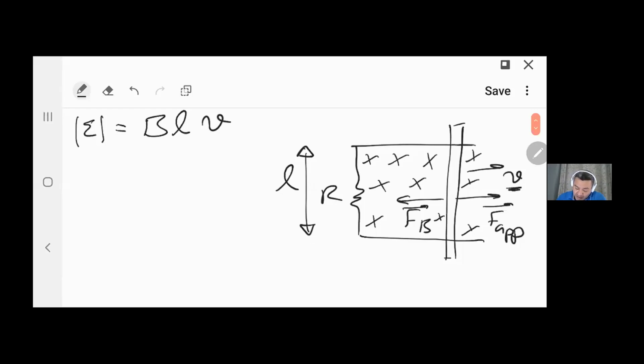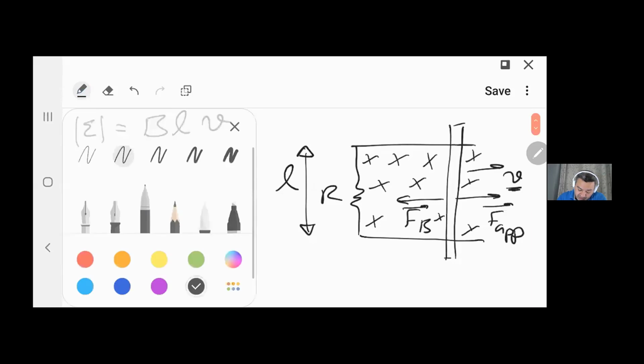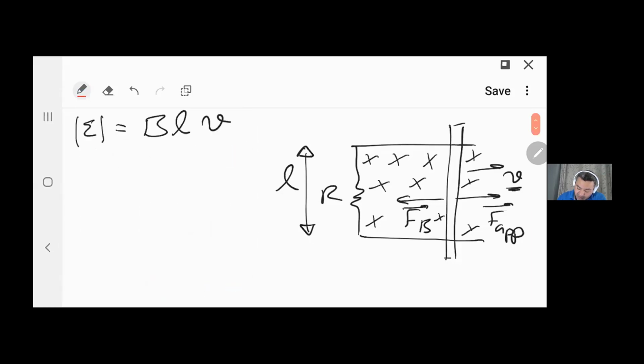So now again, this is going to result in a current that's moving counterclockwise, this way. And that's why the magnetic force is pointing to the left, opposing the force applied on the bar.